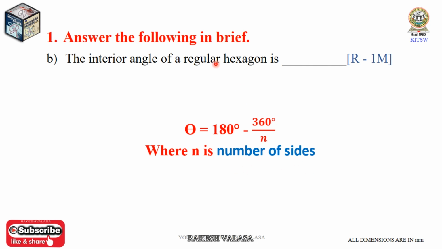Here the given plane is a hexagon, so the hexagon has 6 equal sides. N means number of sides, that is 6. 180 minus 360 by 6 equals 120 degrees. For example, in future he may ask a pentagon. So 180 minus 360 by 5 equals 108 degrees.